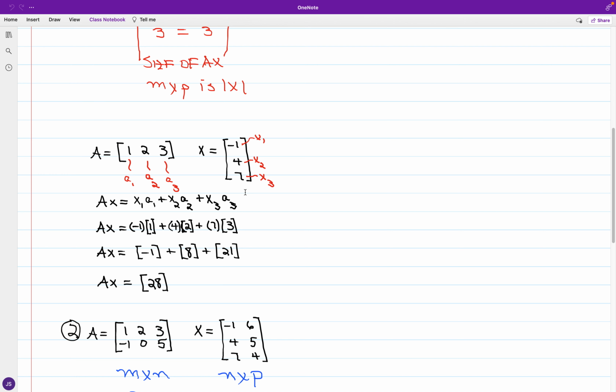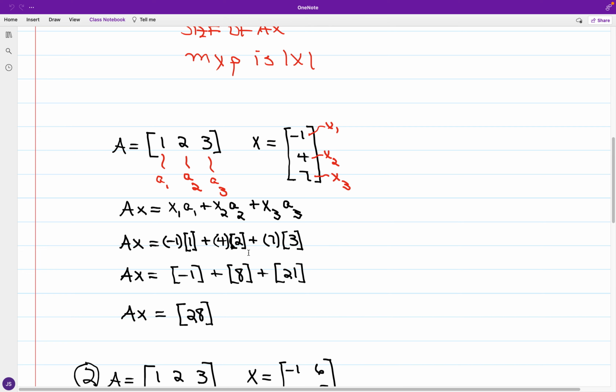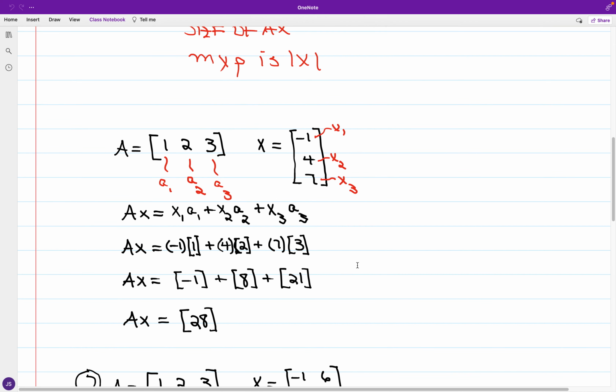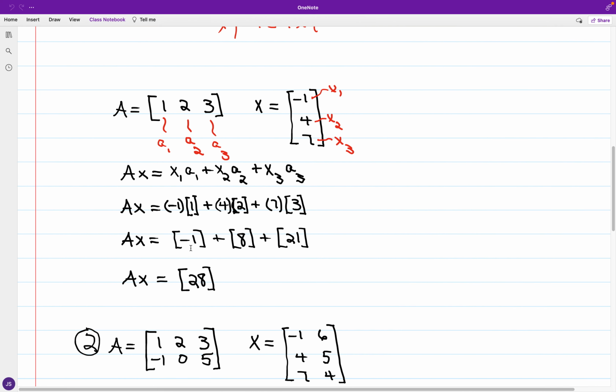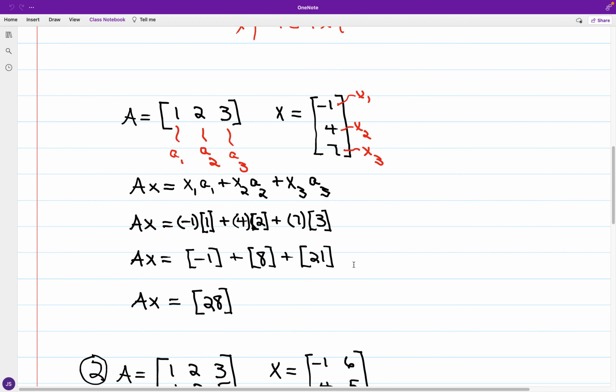If we multiply respectively, we get -1 times 1, plus 4 times 2, plus 7 times 3. With the products, -1 plus 8 is 7, and plus 21 comes out to 28. Thus the product AX is equal to 28.